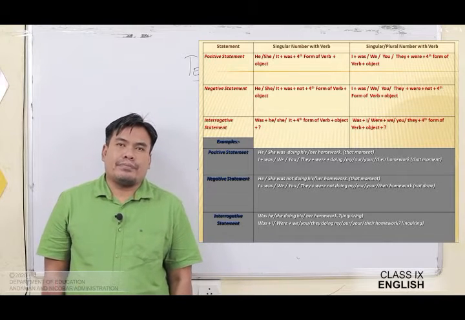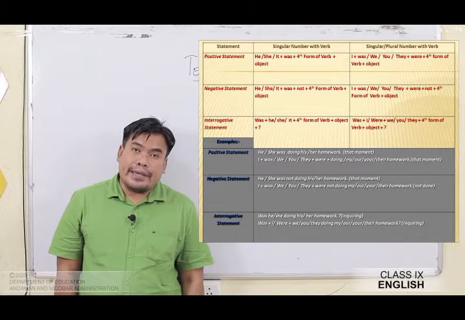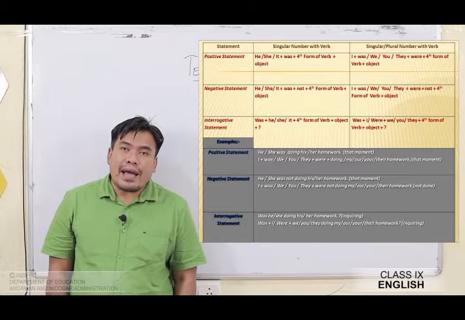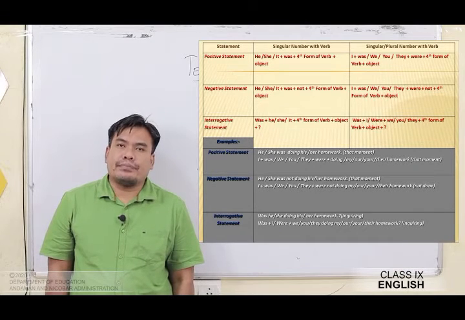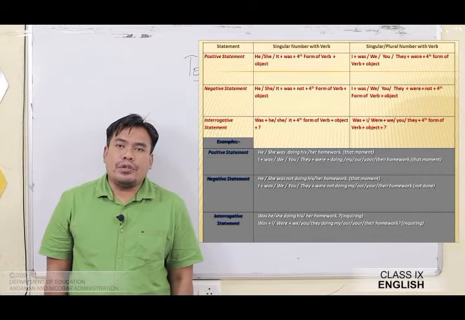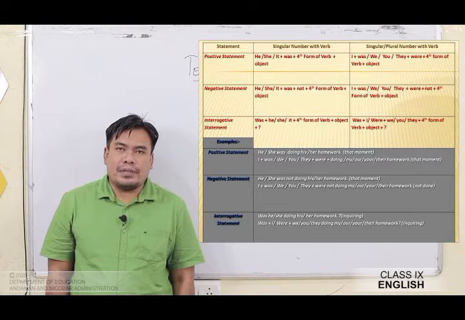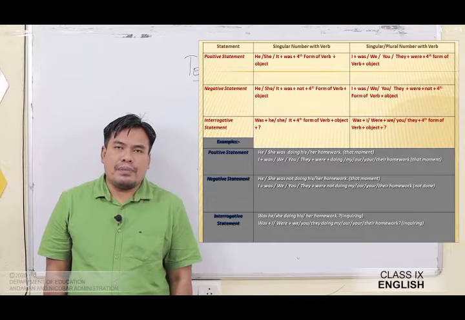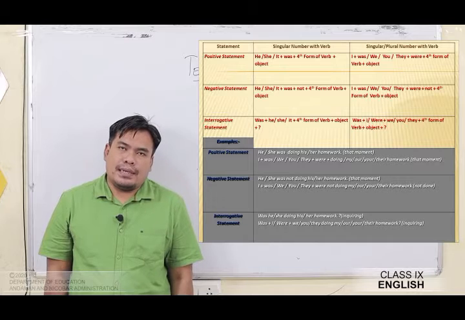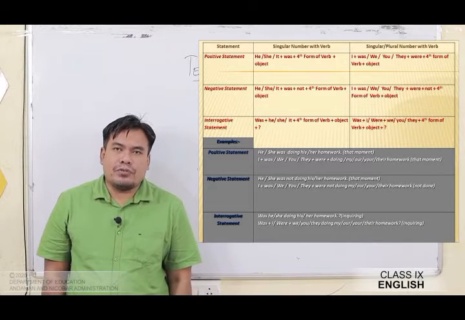Move on to the next column, the singular / plural number with verb. With I, was will be applied and used here: I was. And with we, you, they plus were, W-E-R-E, were, will be used. And of course the fourth form, the ing form, is going to be used there.